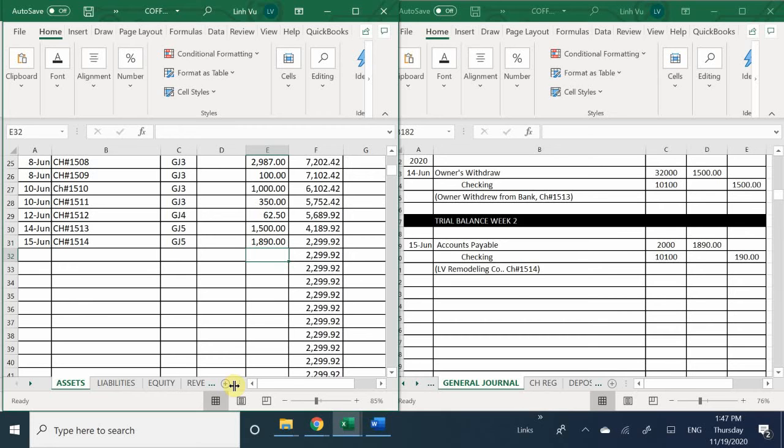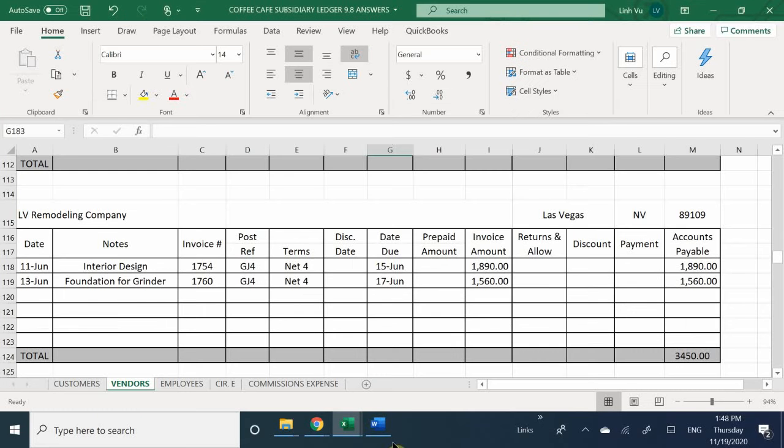Now what? Let's see. That's it on that, right? That transaction is done. We have to do the subsidiary ledger, right? We need to do the subsidiary ledger.